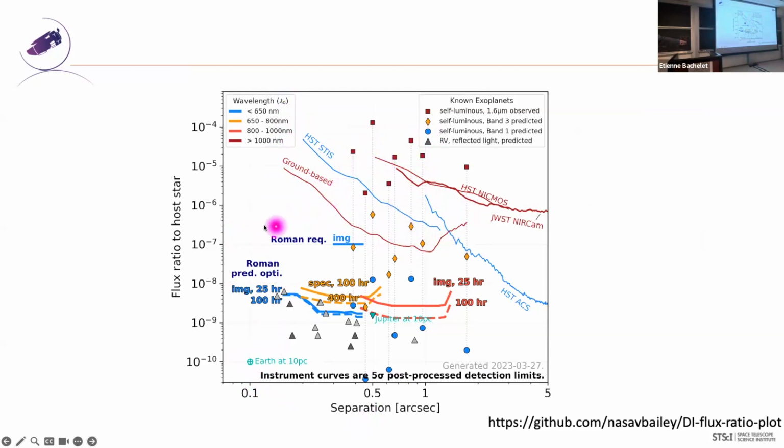Then we talk about what Roman's requirements are. This is detecting things at a contrast ratio of 10 to the minus 7. And you can see that there are some self-luminous planets that might be bright enough to be detected at shorter visible wavelengths. And then what we hope happens, right, is that everything works really, really well, and that Roman CGI will get down to a contrast level of a few times 10 to the minus 9 or 10 to the minus 9.